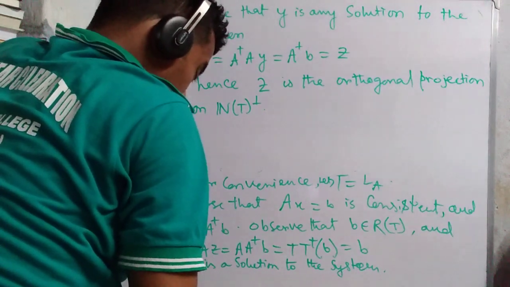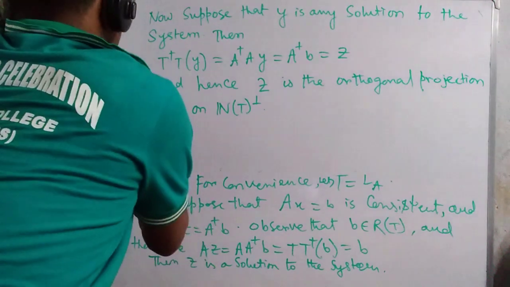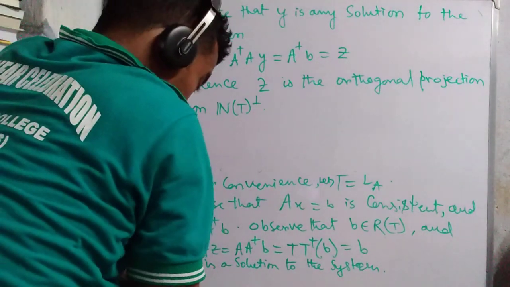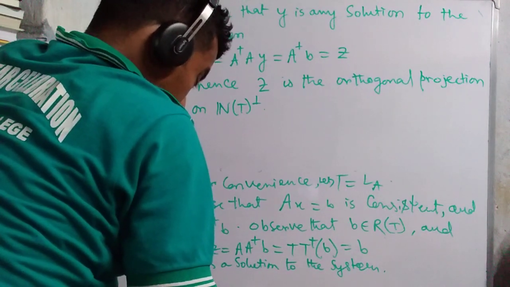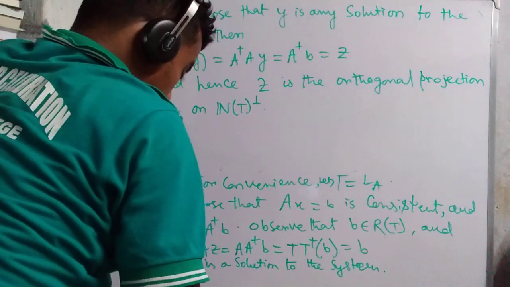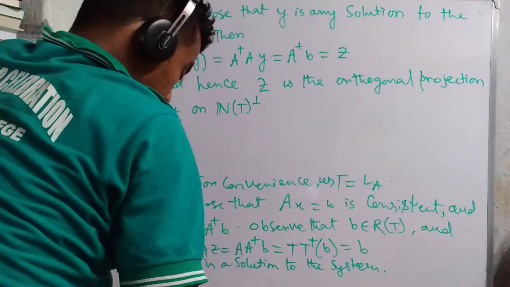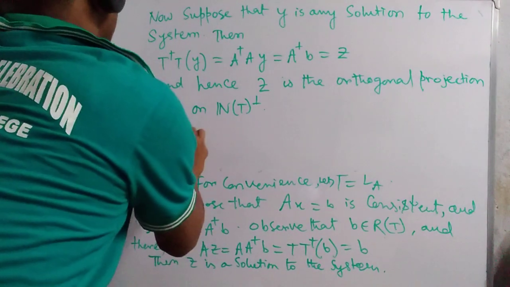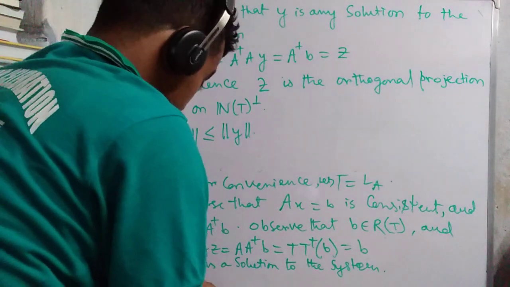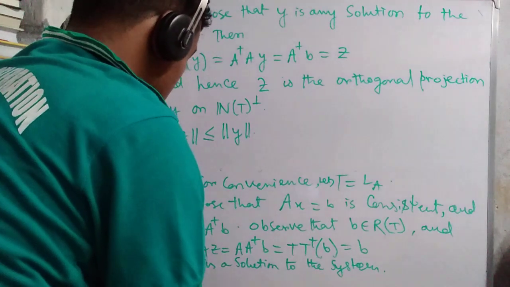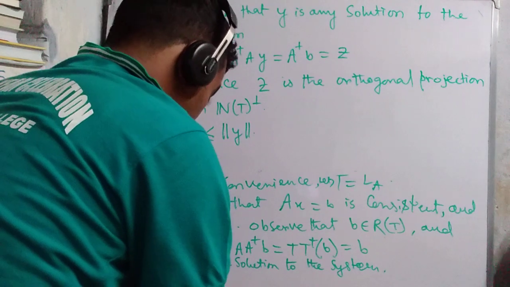Now therefore, so we write it in this way. That means if y be any solution, okay, then what happened? Then norm of Z is then equal to norm of y. Okay. So we also discuss this one now.